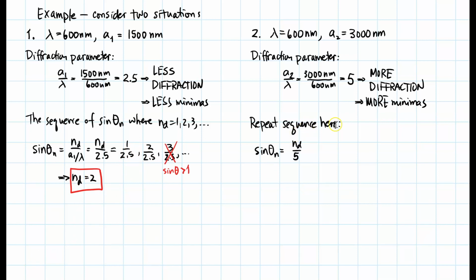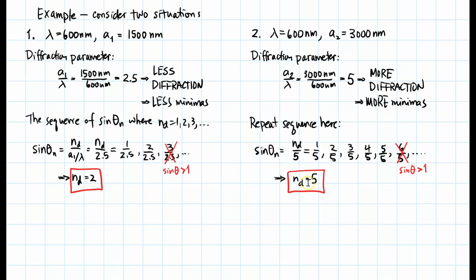If I repeat the sequence here for the second case, I see that sine of theta is equal to nd divided by 5. So let's go through that sequence. And you could see immediately that if I do my 1, 2, 3, 4, 5, when I get to here, this is sine of theta equal to 1, which is allowable, but 6 over 5 is greater than 1. That's not allowable. This tells me then that nd is equal to 5.